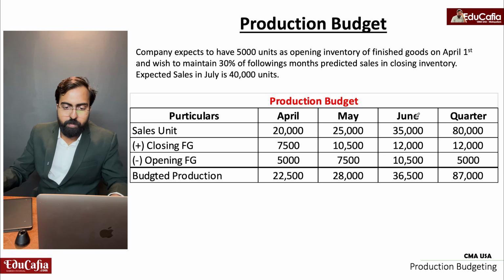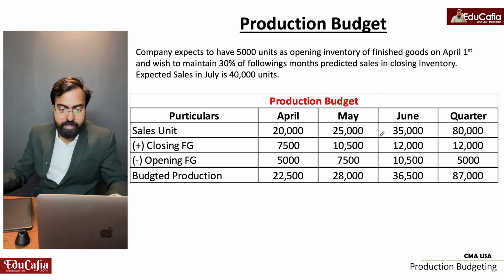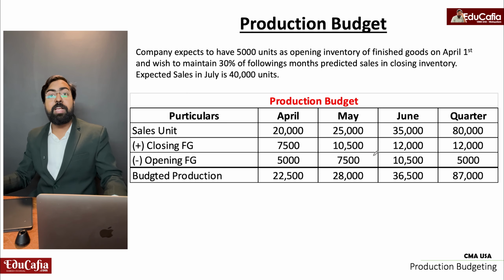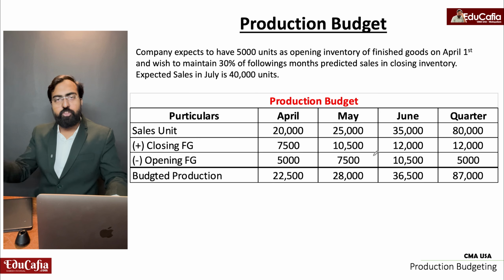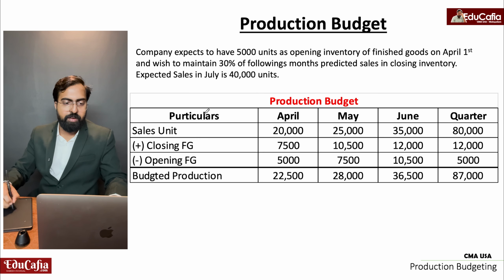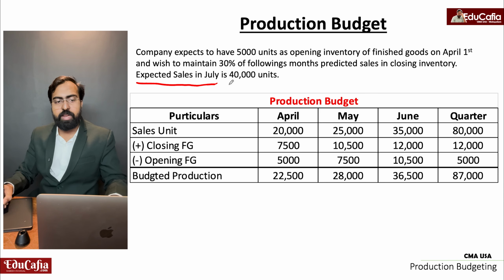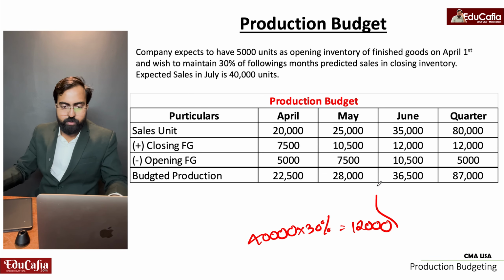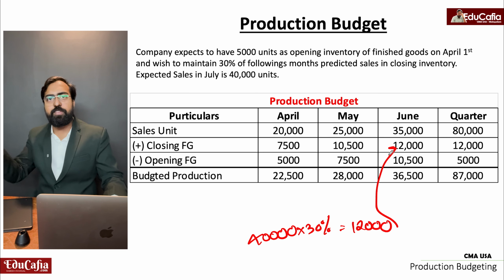Next, in June, 35,000 is required for sales, but 10,500 was already produced last month, so it is there in my opening FG. Then next month is not given, but it is given in the question: expected sales of July are 14,000. So 14,000's 30%, that is 4,200, I need to produce this month for next month.